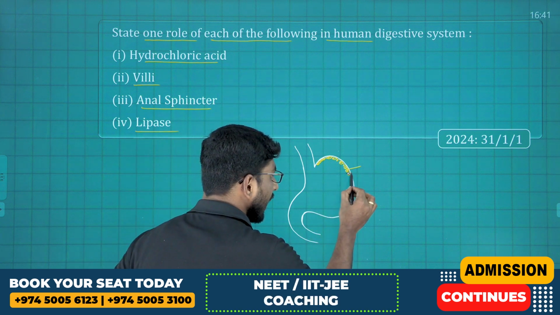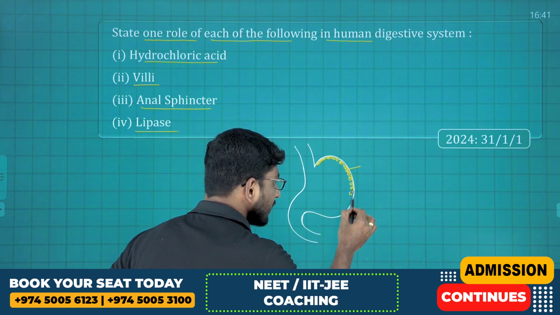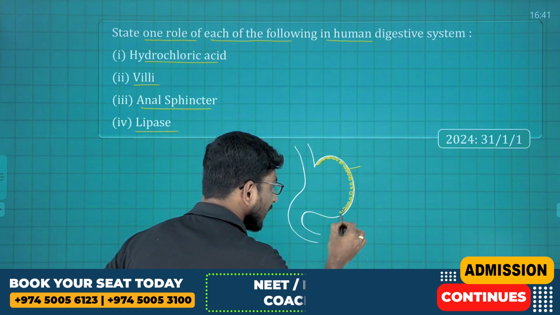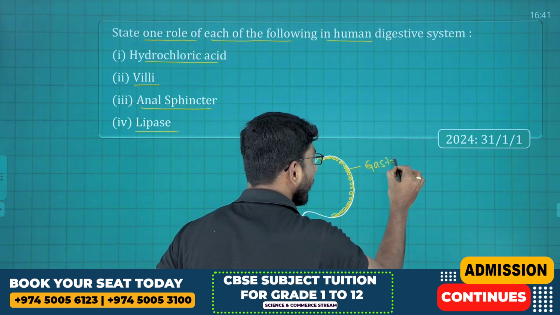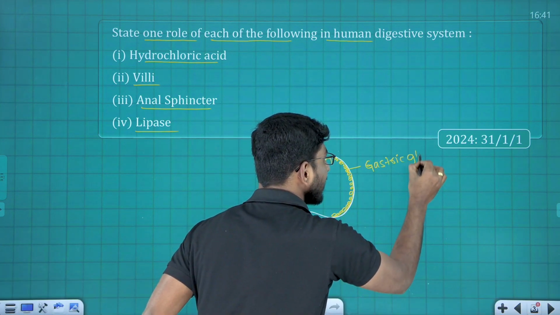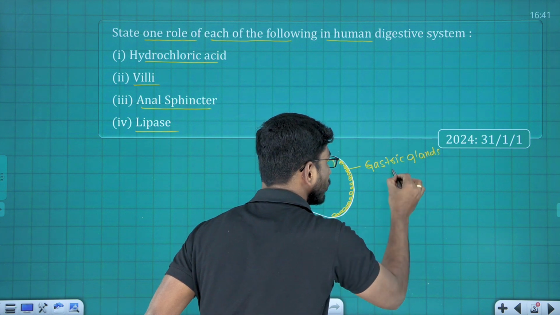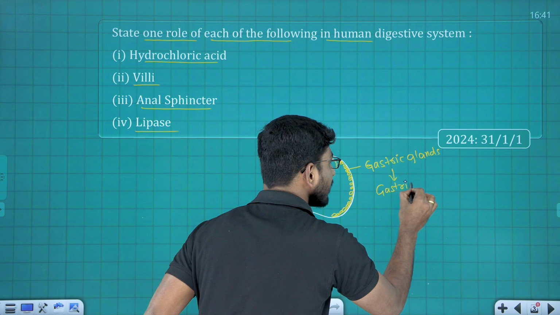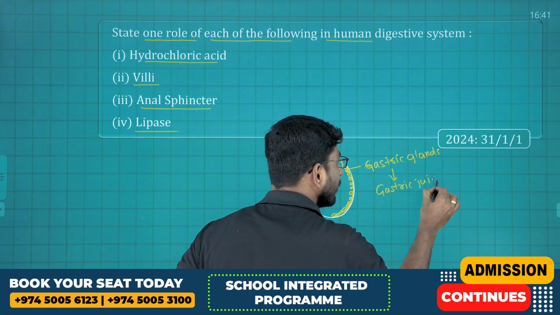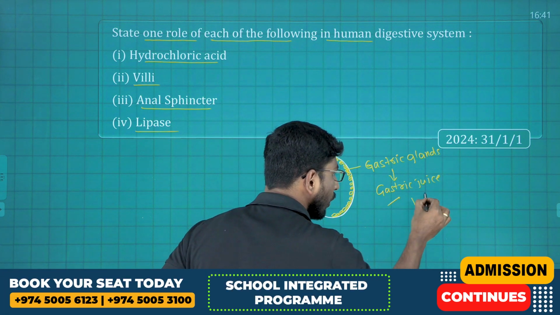Now this entire lining of the stomach consists of what? Gastric glands. These gastric glands secrete juice. The juice is called gastric juice. This gastric juice consists, remember all of you, of 3 major components.